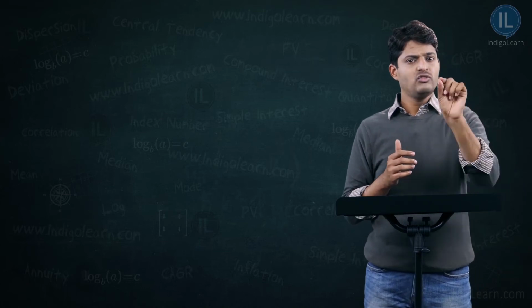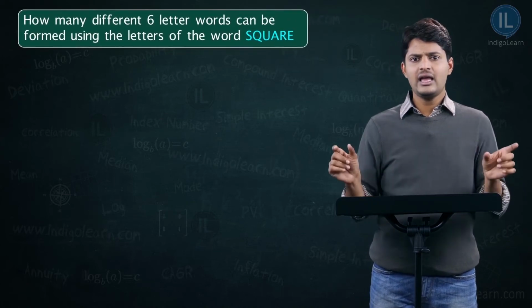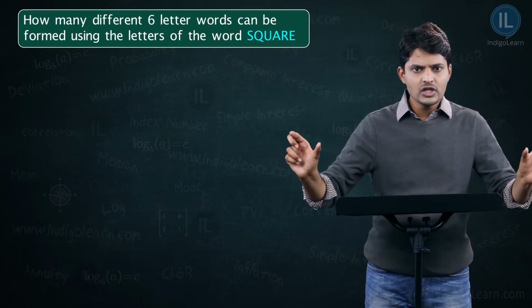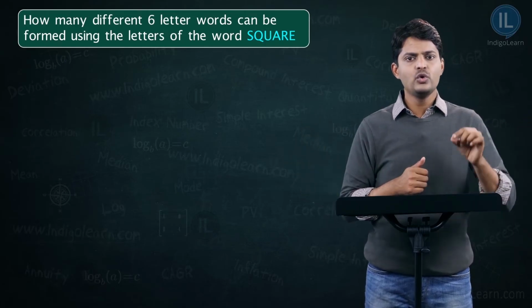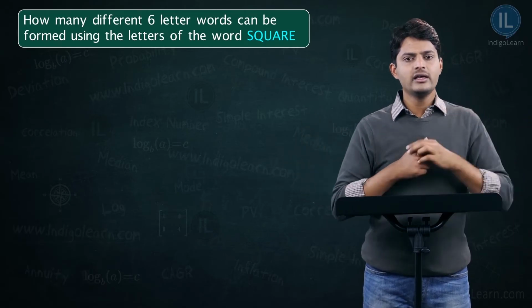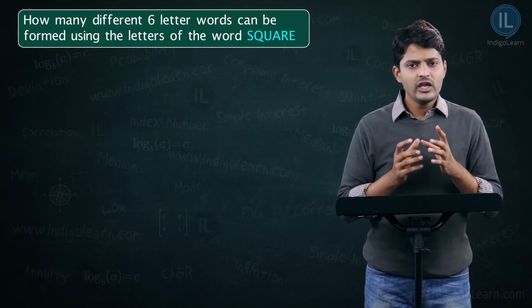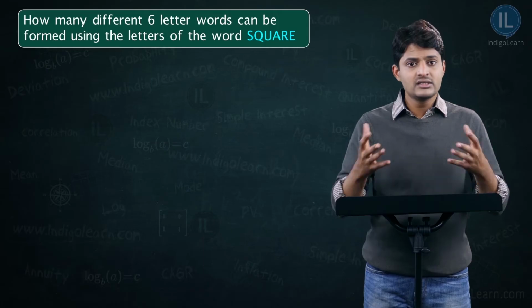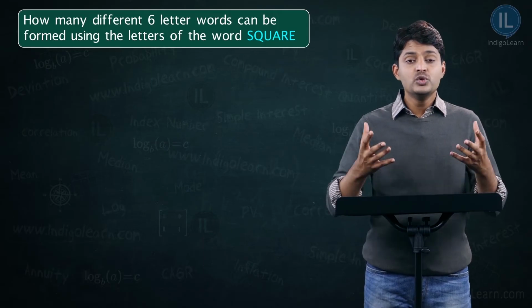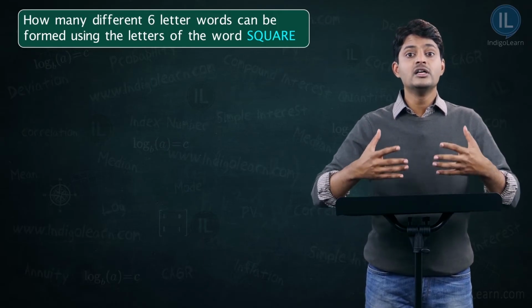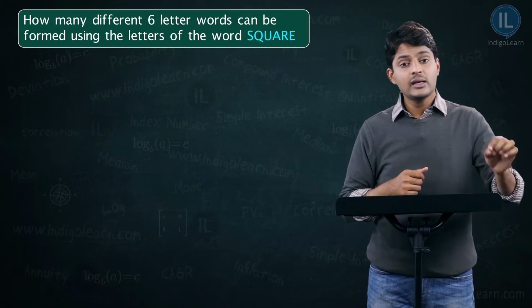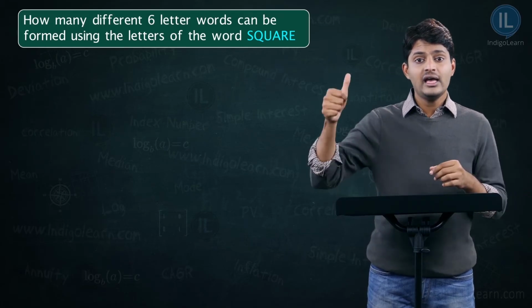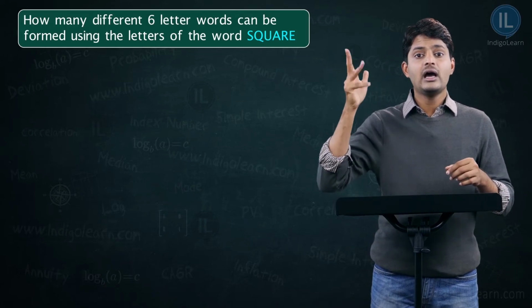Now let me ask you one more question, okay? Let us say I have a word, SQUARE. SQUARE is the spelling for square. Now if I am asking you a question, how many different words can be formed using the letters of the word SQUARE, right? Again, I am correctly specifying SQUARE.